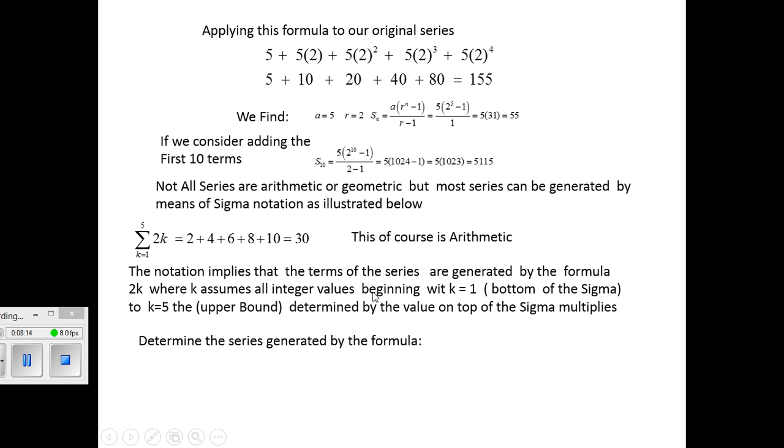So, as we say here, the notation implies that the terms are of a series and are generated here. Now here's a different series, 2 to the power k, with k going from 1 to 6, okay? We should see that's going to generate 2 to the first, which is 2, 2 to the second, which is 4, 2 to the third, which is 8, okay, and so on and so forth. These are the terms, and I would hope you would recognize those as a geometric series.